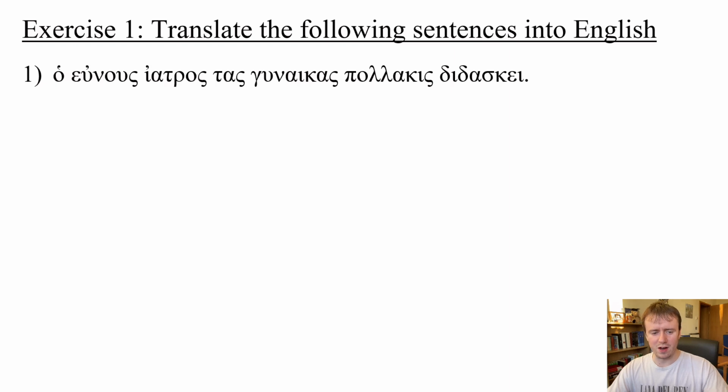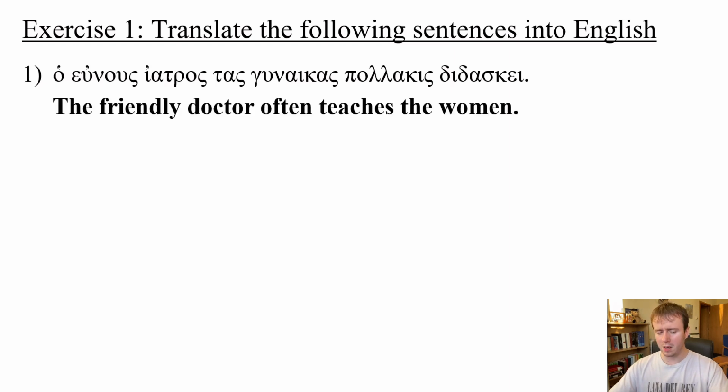Okay, let's go through the answers. Number 1 is ho eunous iatros tas gunaikas pollakis didaskei, meaning the friendly doctor often teaches the women, or the well-disposed doctor often teaches the women.